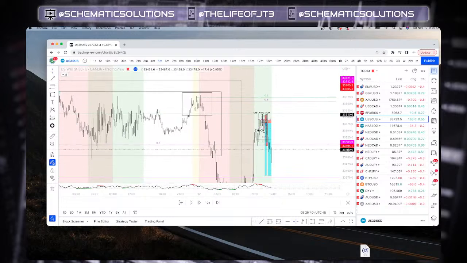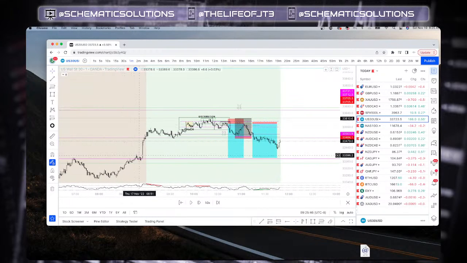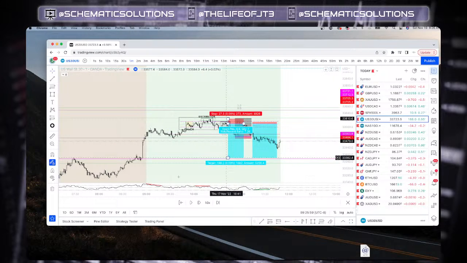Now, the first area I'm looking at taking my partials is down here, and the reason why is, as we get down to the 1 minute, we see there's a reacu down here. So I told myself, if I start seeing signs of a potential accumulation in the reacu, I'll take my partials as it's already my 1 to 20.